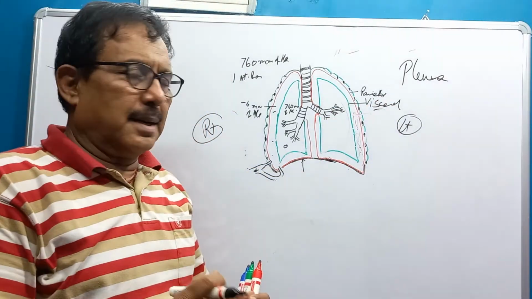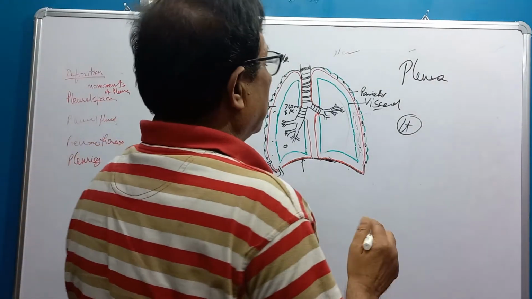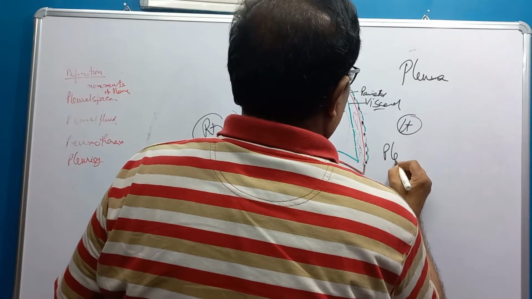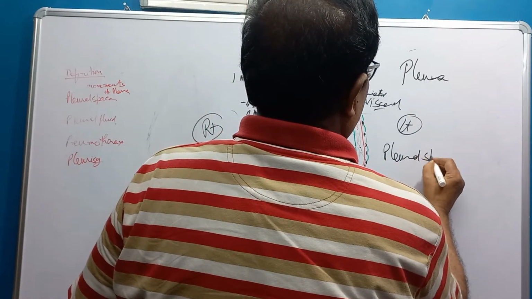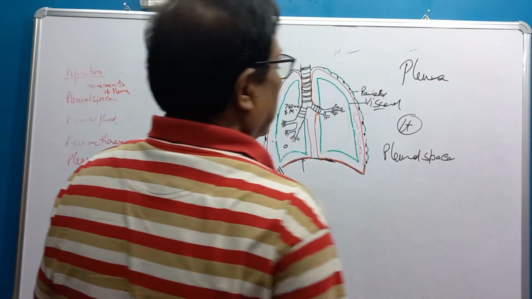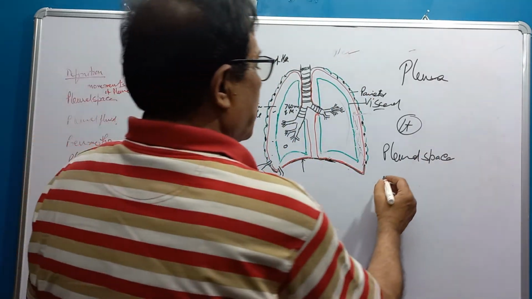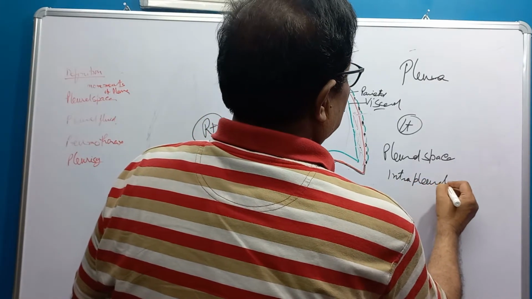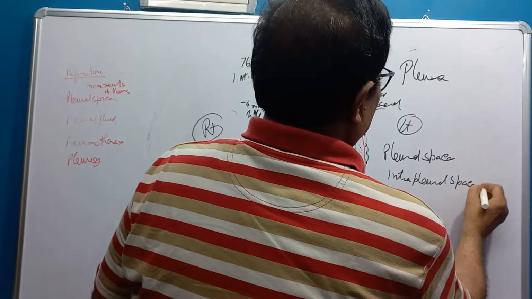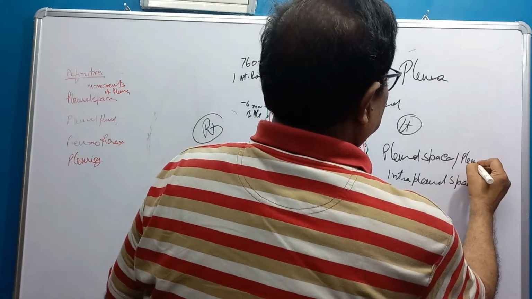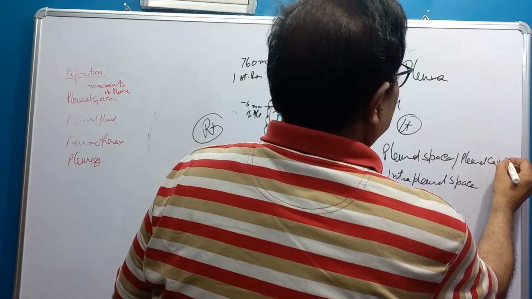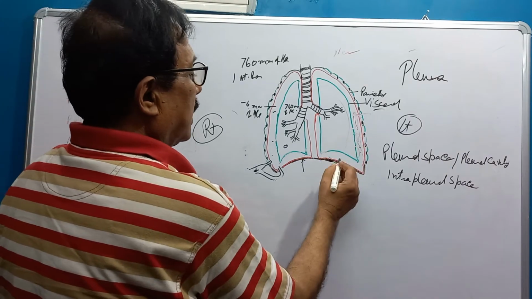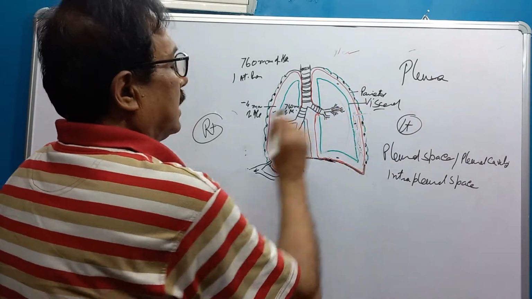Between the visceral pleura and parietal pleura there is a space known as the pleural space, or intrapleural space, or pleural cavity.